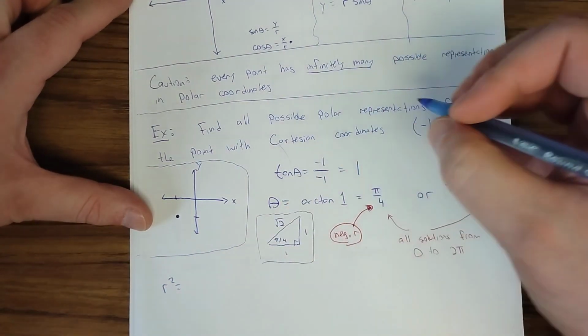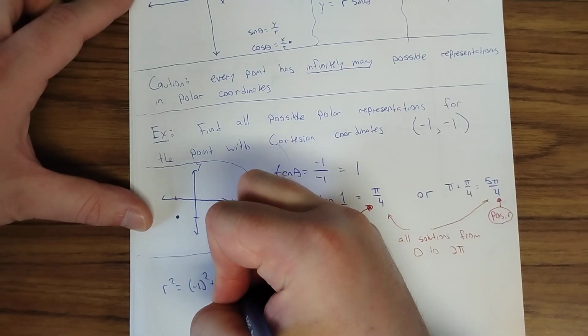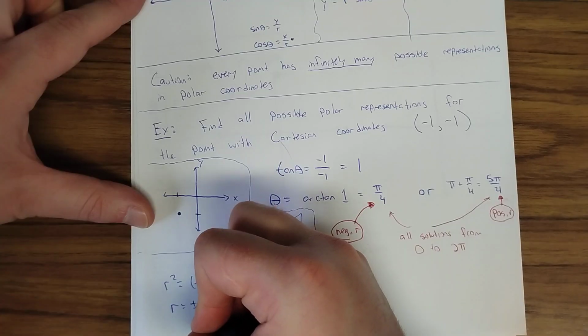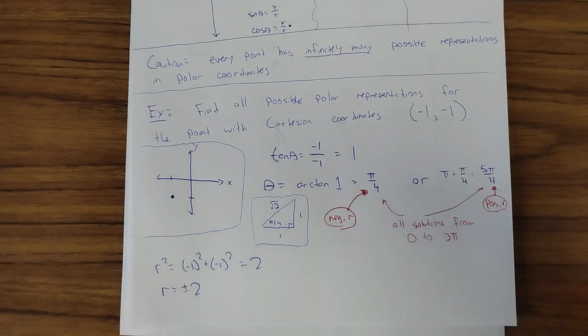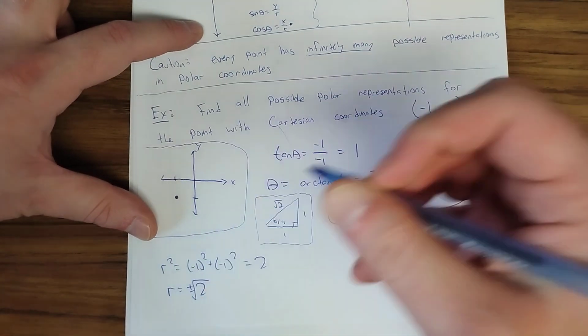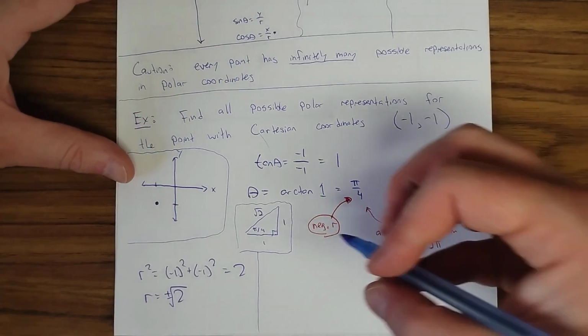R squared is like that, so that's 2. So r is plus or minus root 2. I am making silly mistakes, but I think I'm fixing them all.